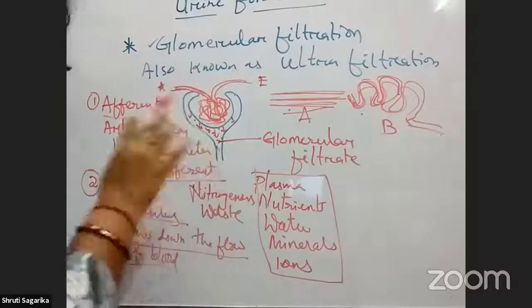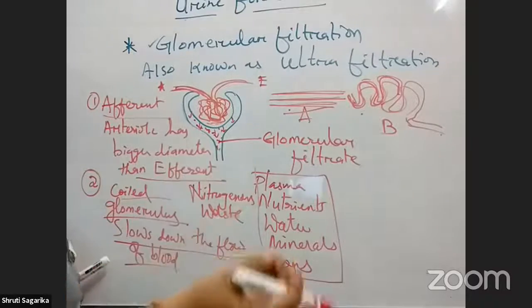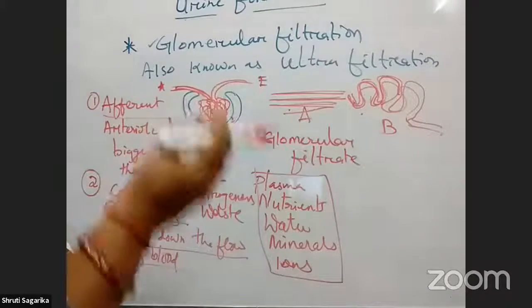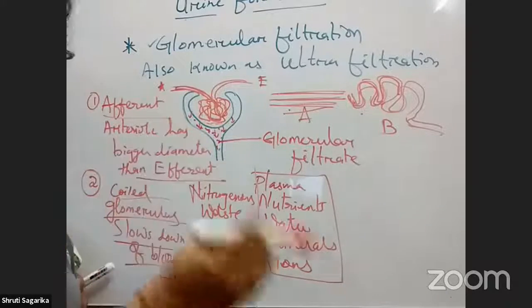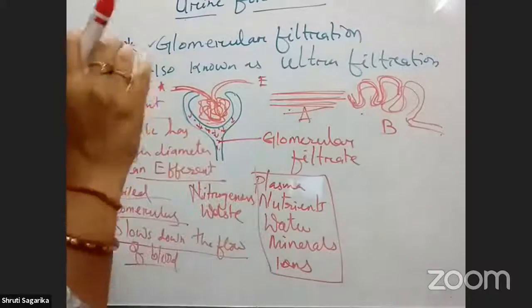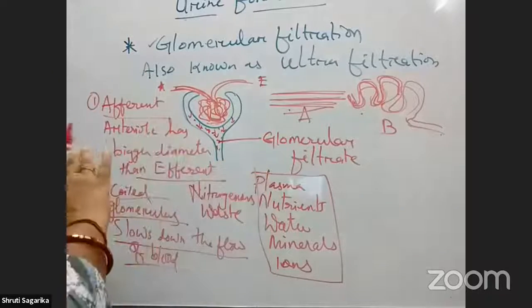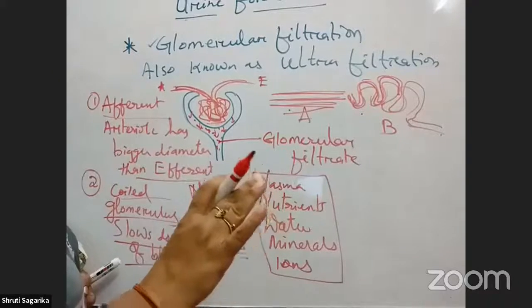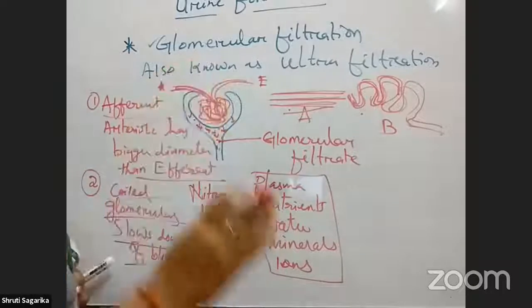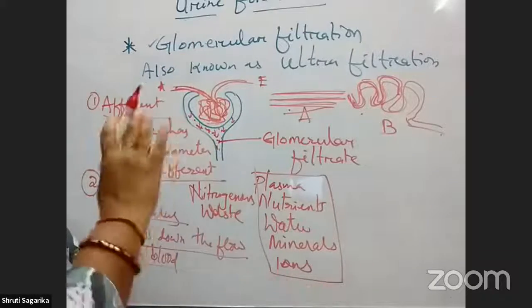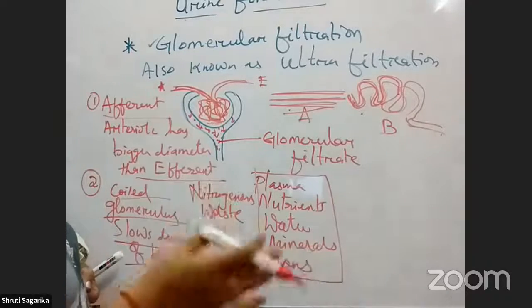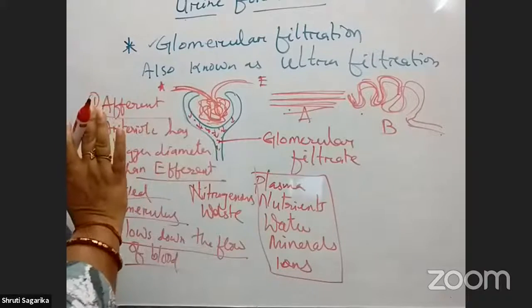So what remains in the blood? Little amount of plasma, RBC, WBC, all those cells, larger proteins. Whichever one is the larger molecule cannot pass through the capillary wall; only the smaller molecules, water, plasma, will come out. But the larger molecules remain as they are in the blood.